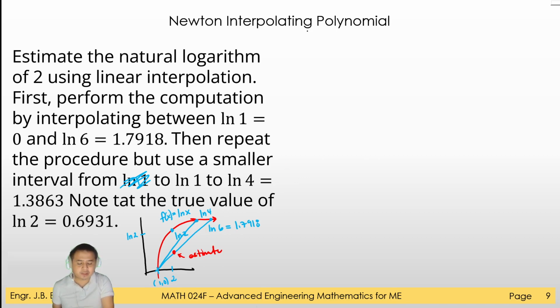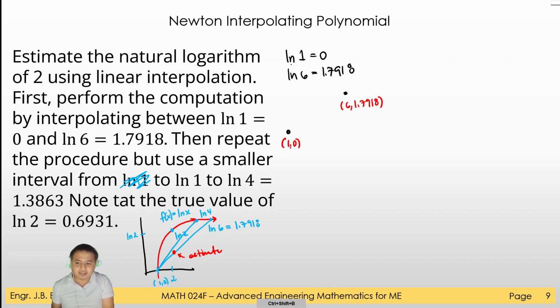So let's first find ln 2 using ln 1 and ln 6. We have ln 1 equal to 0 and ln 6 equal to 1.7918. Again we have these two points: 1 and 0, and 6 and 1.7918.